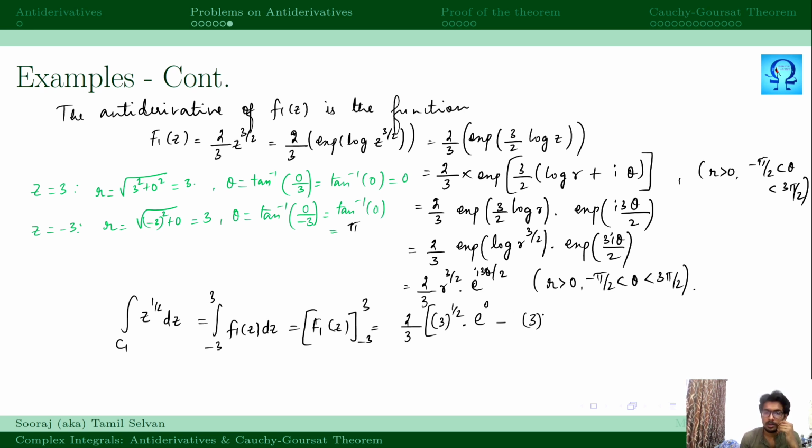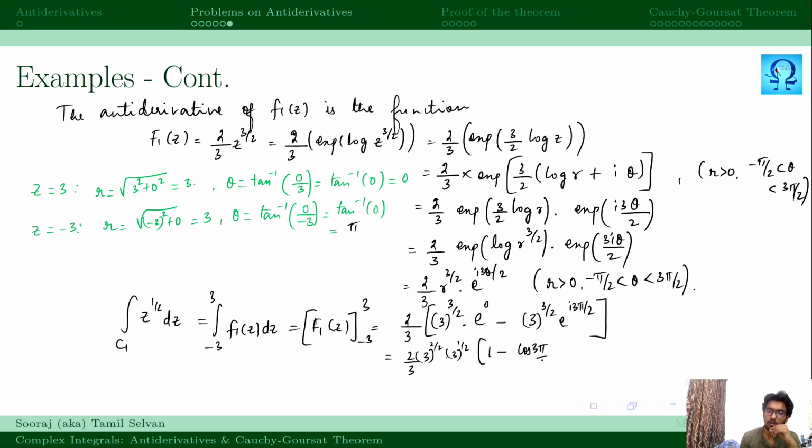So 3 to the power 3 upon 2 e to the power iota 3 pi upon 2. Here what we are going to do is take this 3 to the power 3 upon 2 outside. 2 upon 3, 3 to the power 3 upon 2 may be written as 3 to the power 2 upon 2 with 3 to the power 1 upon 2, and e to the power 0 is 1, and e to the power iota 3 pi by 2 is what?